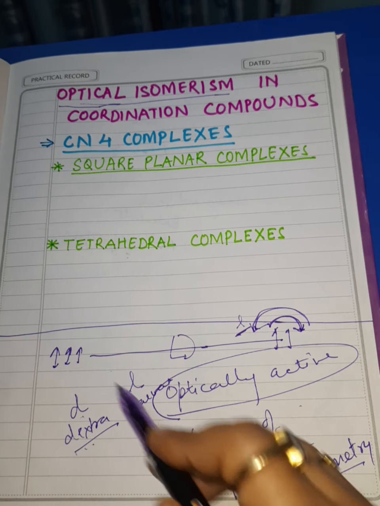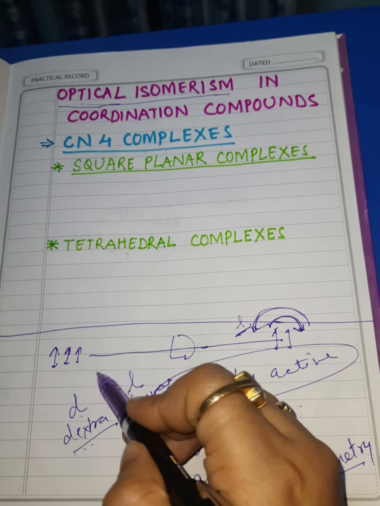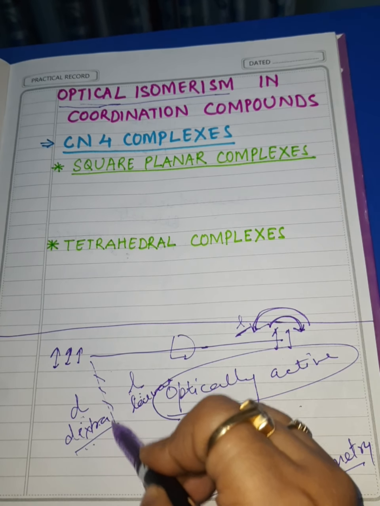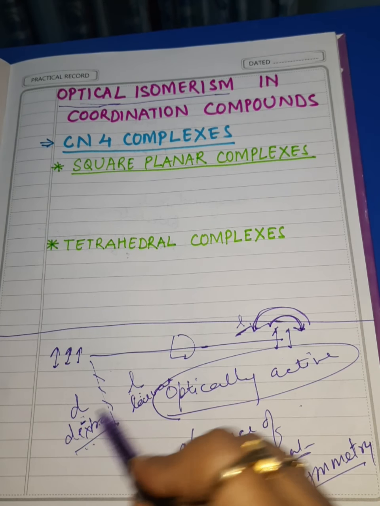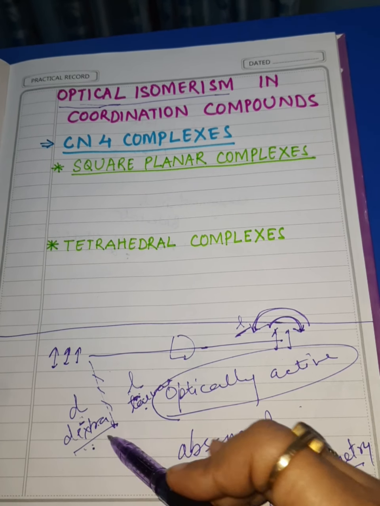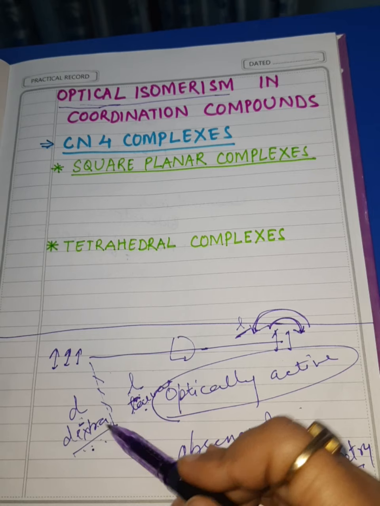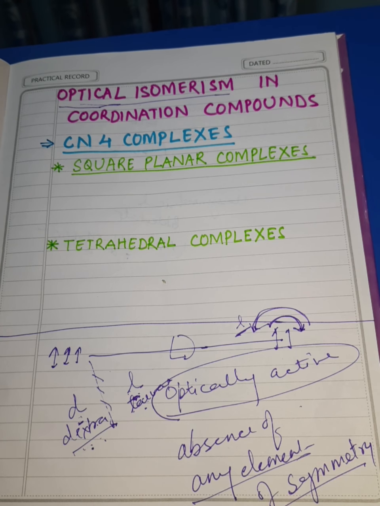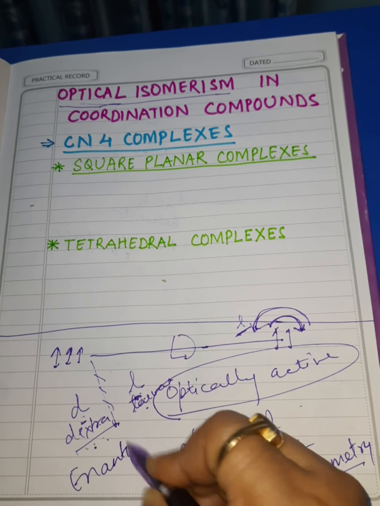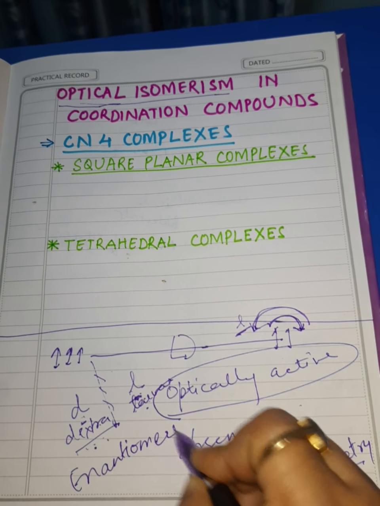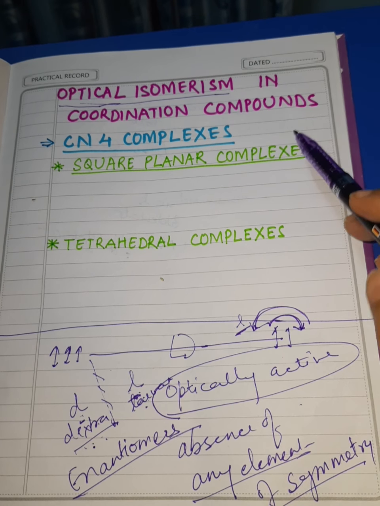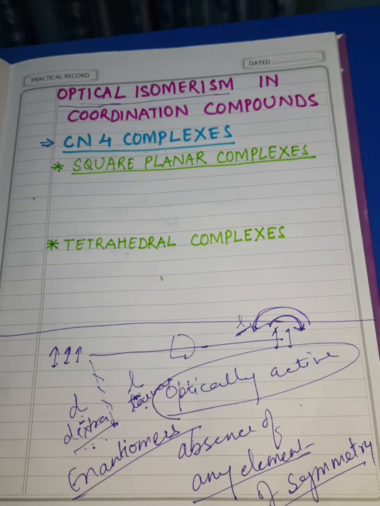D and L, both optically active forms, are mirror images of each other. They are mirror images which are non-superimposable. Such non-superimposable mirror images are also known as enantiomers. Alright, so all the same basic information is to be applied to optical isomerism in coordination compounds.